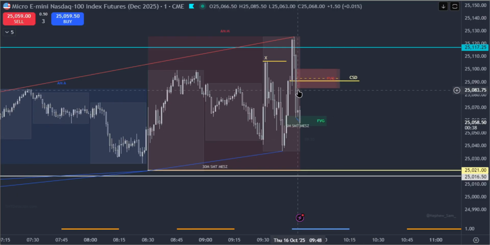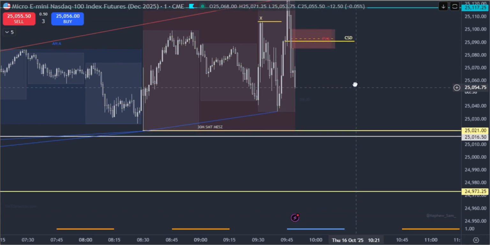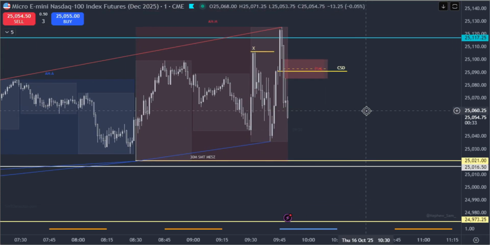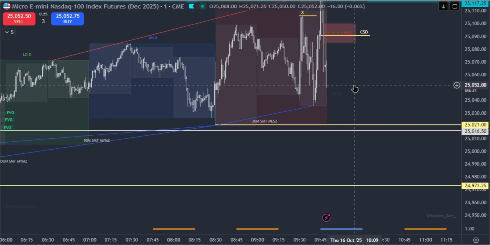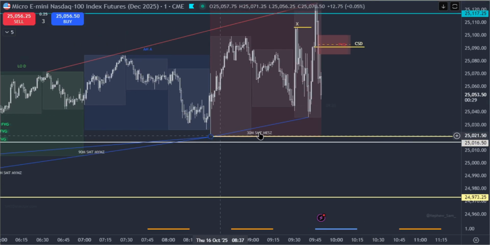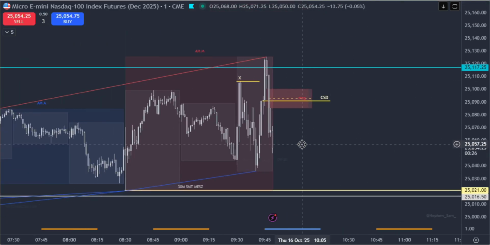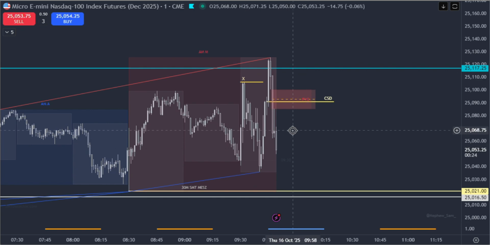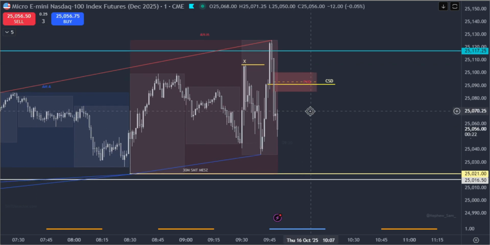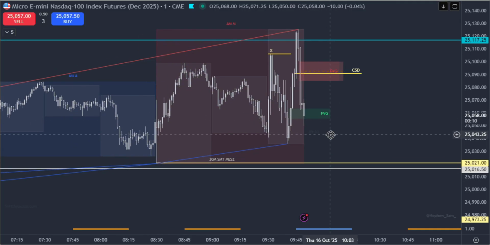So it might just dump from here. This is sell side liquidity. Let's see if it gives us a chance of entry.